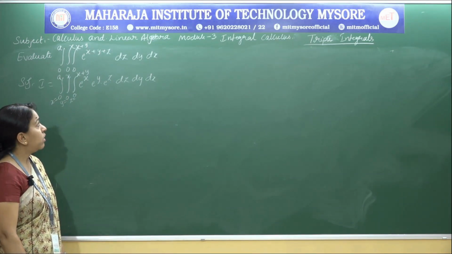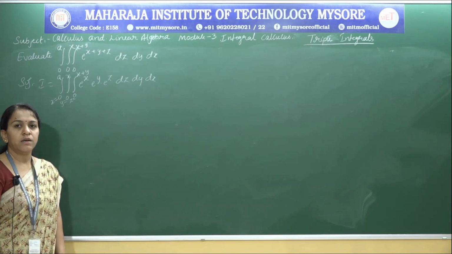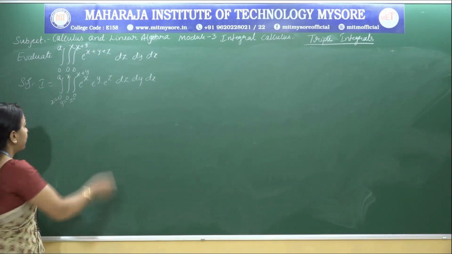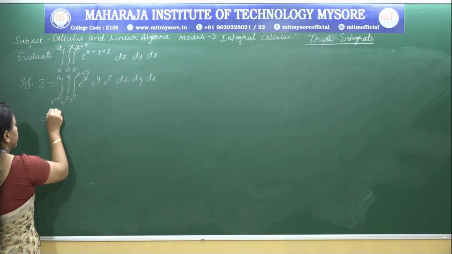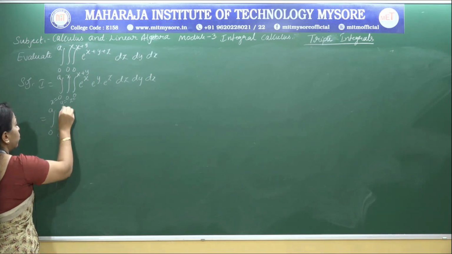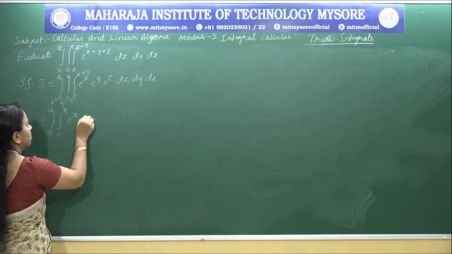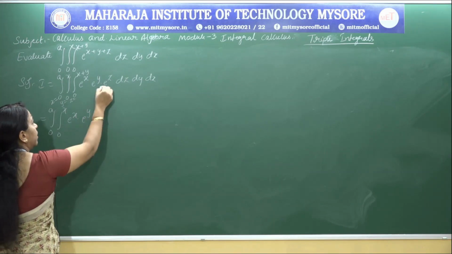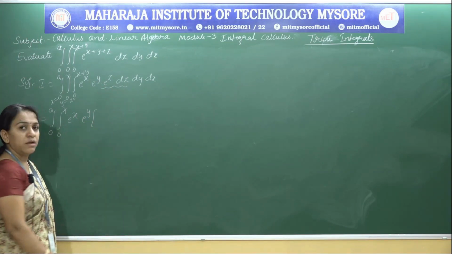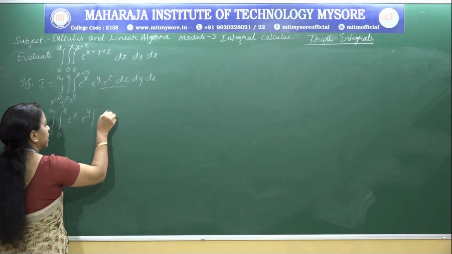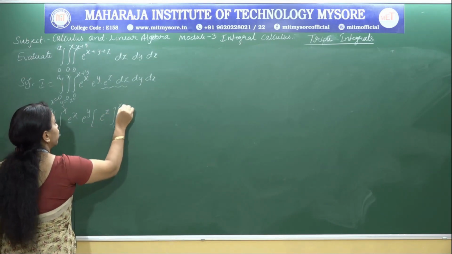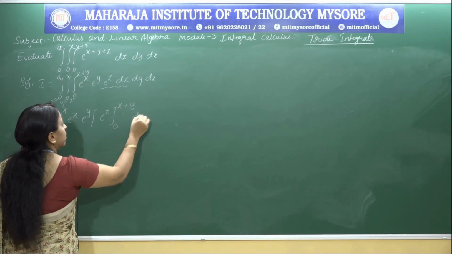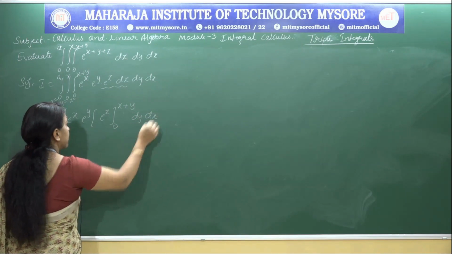Now keeping x and y constant, integrate with respect to z. That is integral 0 to a, 0 to x, e power x into e power y constant, integral of e power z dz is e power z between the limit 0 to x plus y dy dx.